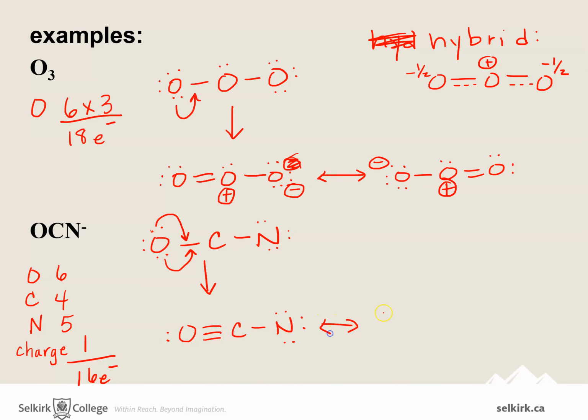Or I could make one double bond to the oxygen and one double bond to the nitrogen. Or I could make both double bonds to the nitrogen. When I have a choice, I should show the choices. I should show multiple resonance structures, multiple resonance contributors.